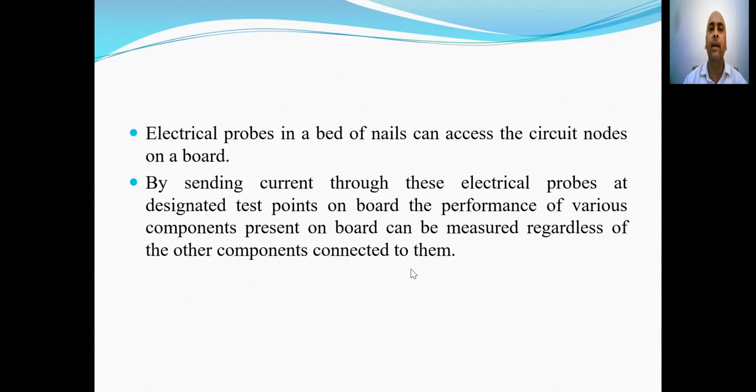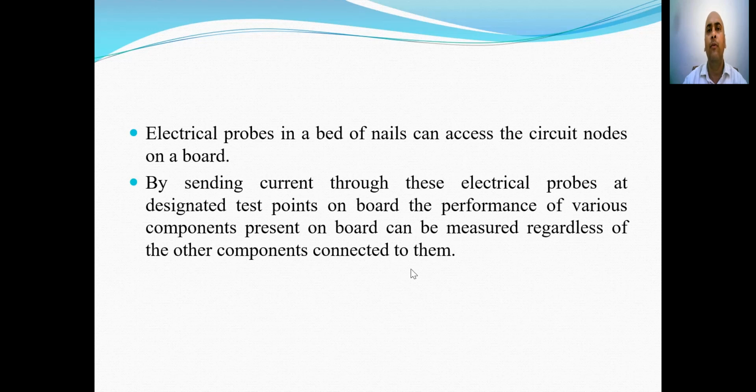By sending current through these electrical probes at designated test points on the board, the performance of various components present on the board can be measured regardless of the other components connected to them, because the bed of nails can be used to connect a single component, and at a single instant we can connect various components.